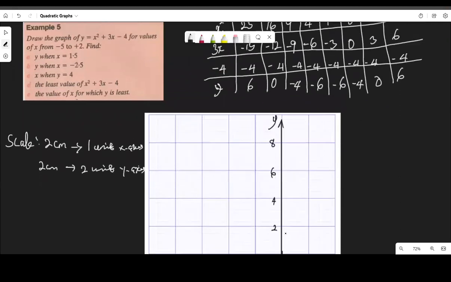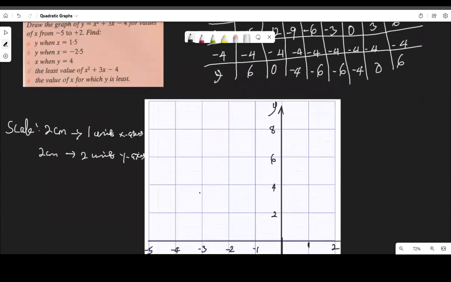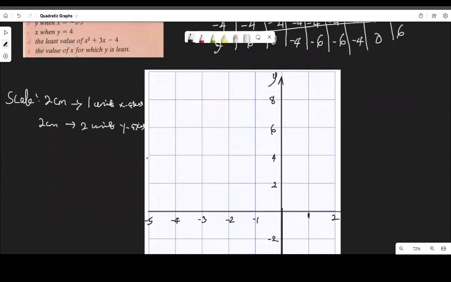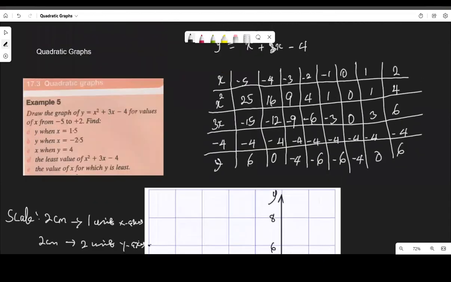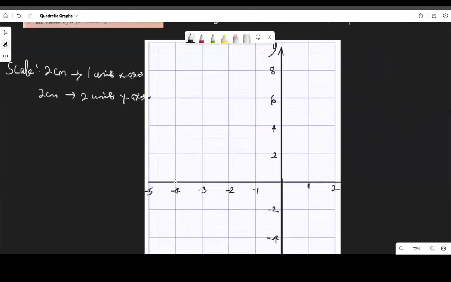So now we can plot the points. When x is negative 5, y is 6. Negative 5 is right here, so we trace it to the y-axis until we get to 6, which is this point here. We'll put a point there. Then when x is negative 4, y is 0. This is negative 4 right here. y is 0 at that point. y equal to 0 is the line itself.